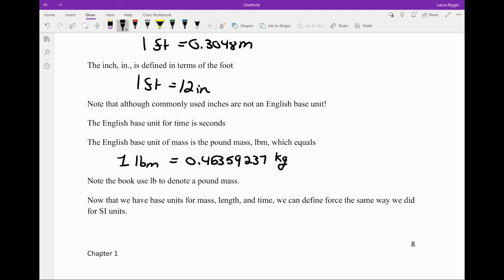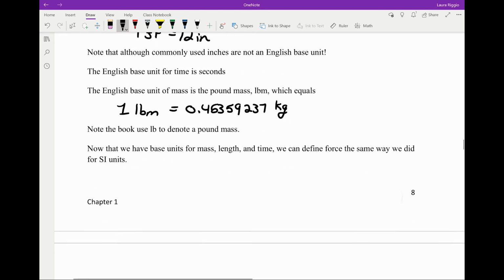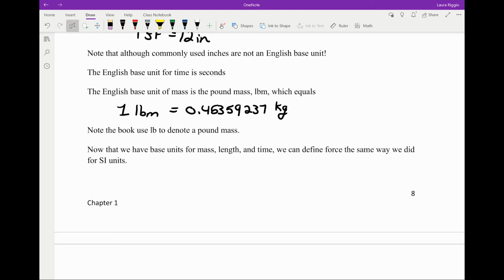The difference between the English set of units and the British set of units is that in English units the pound mass is our mass-based unit, whereas in British units it is the slug. I typically try to write pound mass as lbm to distinguish it from a pound force. The book just writes lb for pound mass and lbf for pound force.